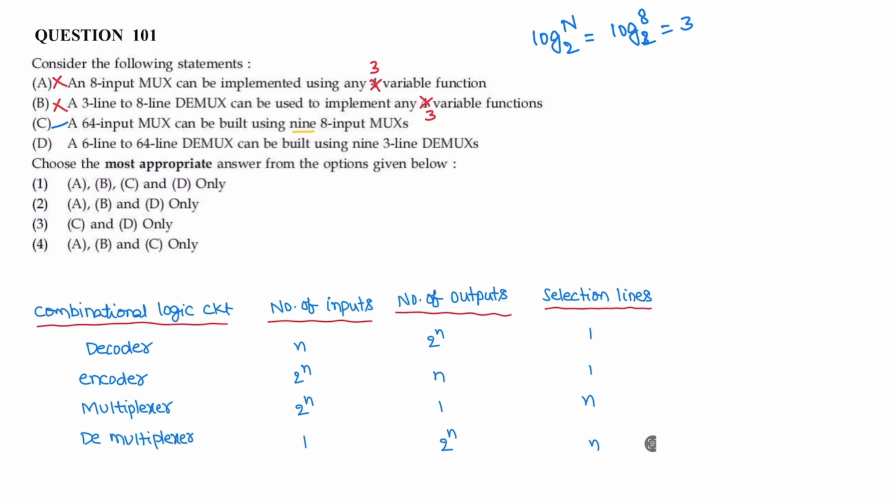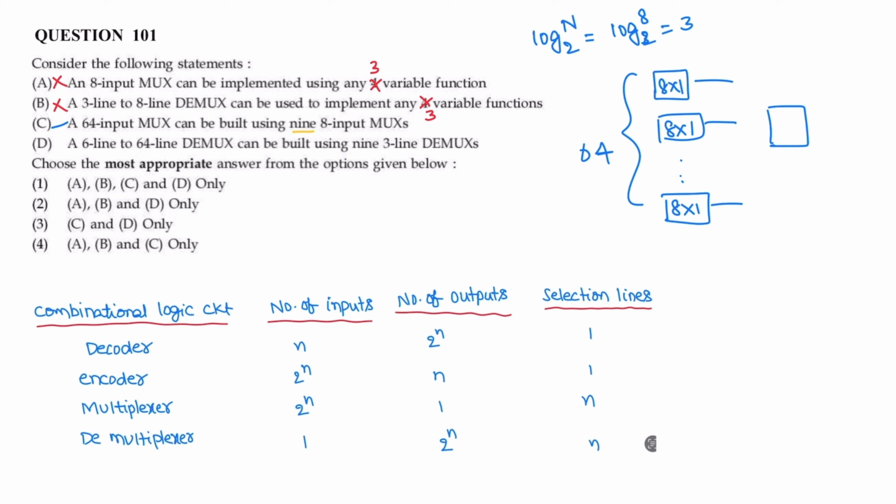So here there are 2 stages. In stage 1 we will use 8 multiplexers of 8 by 1, therefore the total number of inputs will be 64. All the outputs of the stage 1 multiplexers are connected as inputs to an 8:1 multiplexer.